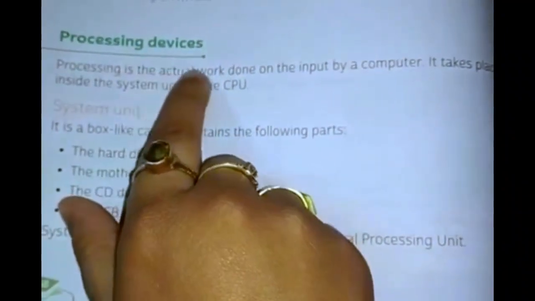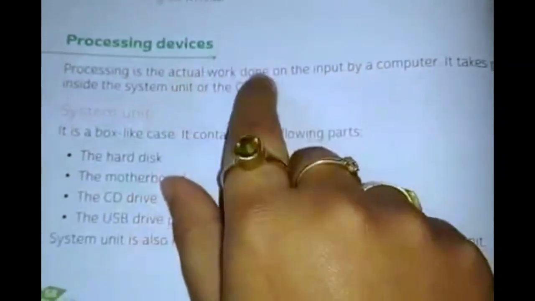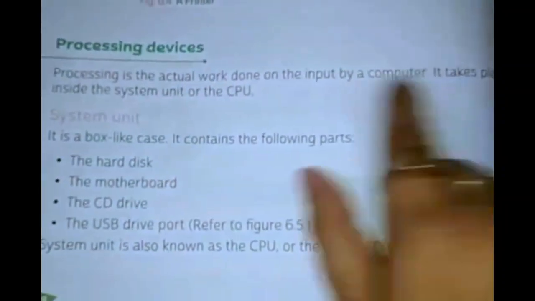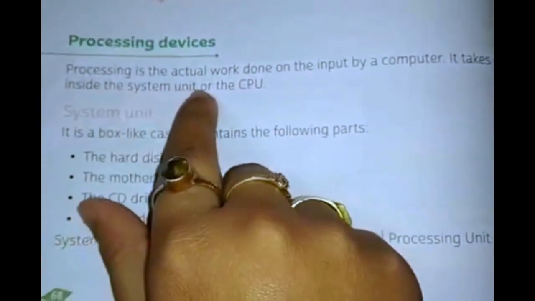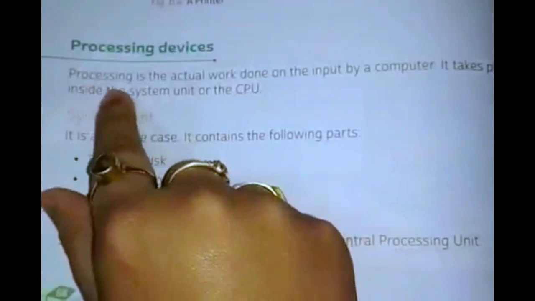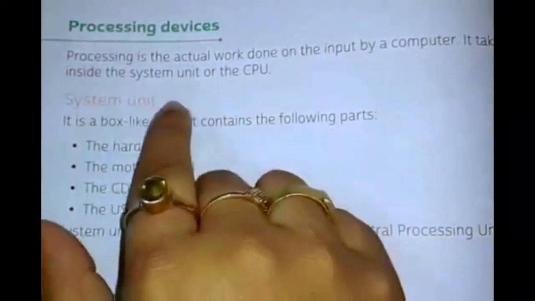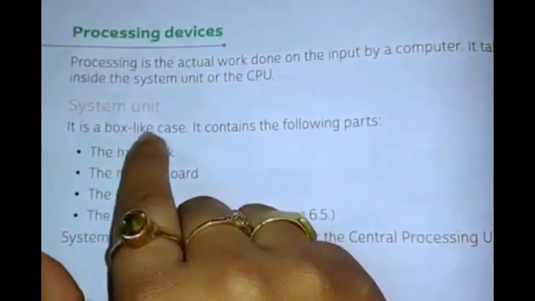Processing is the actual work done on the input by a computer. It takes place inside the system unit, which is the CPU. System unit. It is a box-like case.